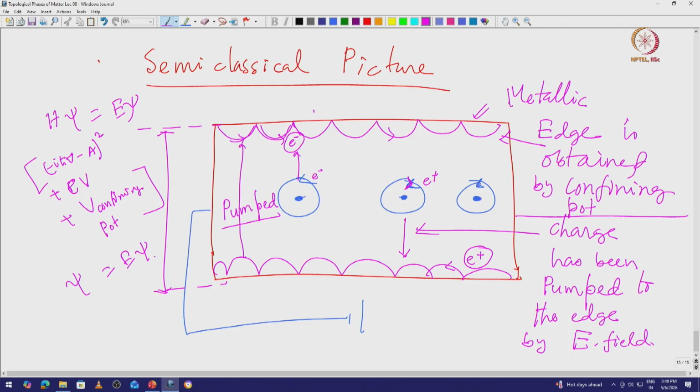You can solve this. If you do not have these two potentials, you had Landau levels, and now what we will find is that these Landau levels will be tilted. Okay. And this is a homework for you to do.